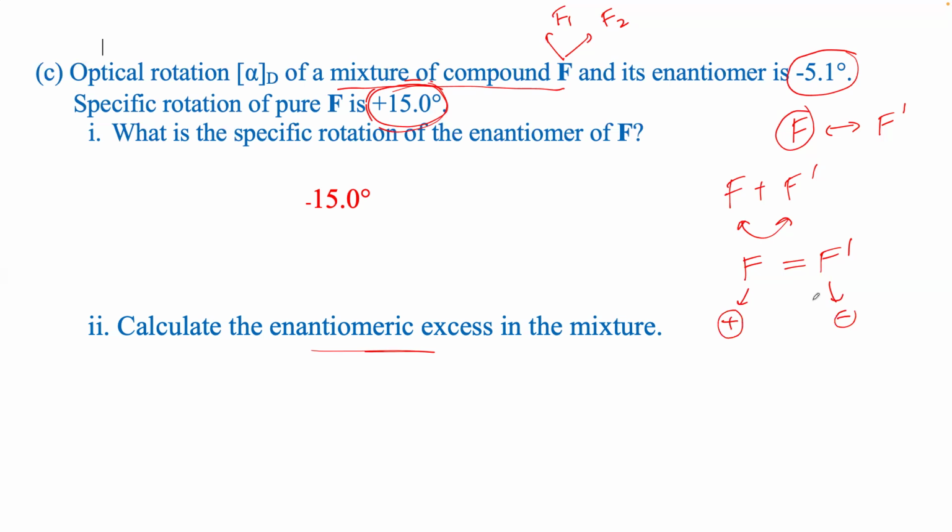Then when you have a negative rotation, what does that mean? Which one is in excess, the plus one or the negative one? The negative one. That enantiomer is in excess. So when they ask you to calculate the enantiomeric excess, you have to pick the negative isomer.